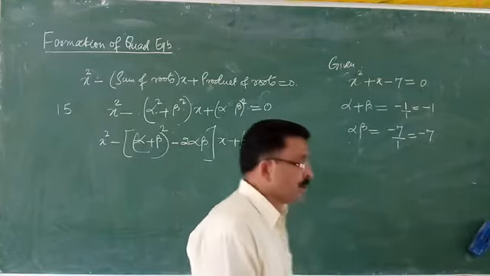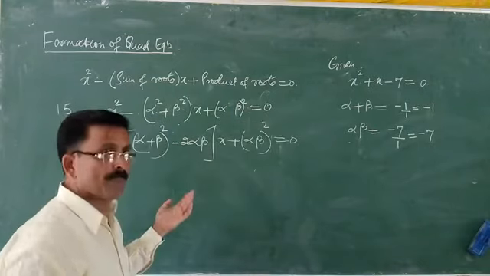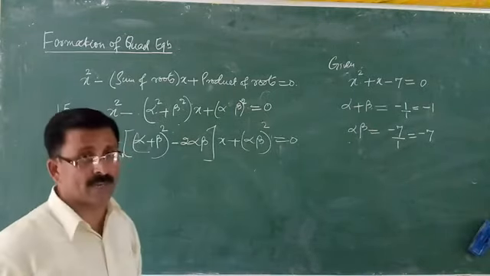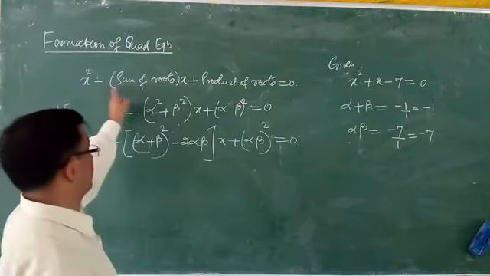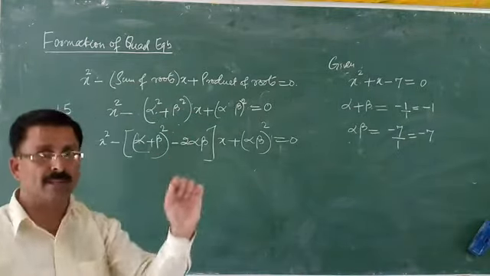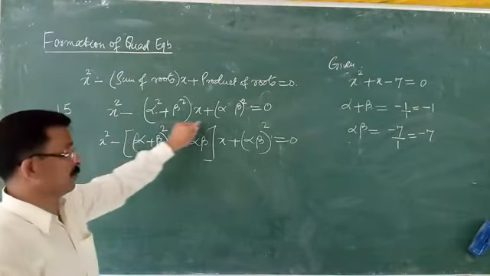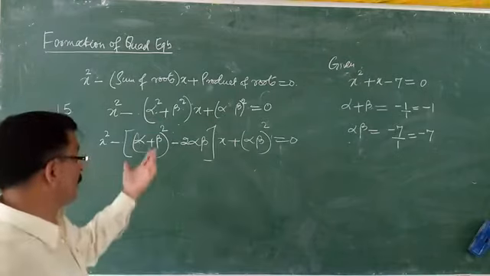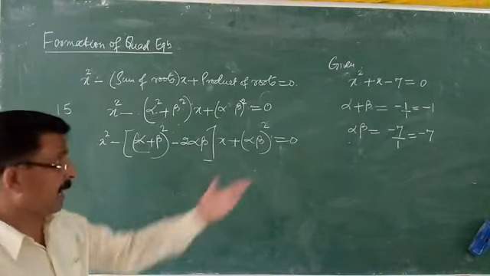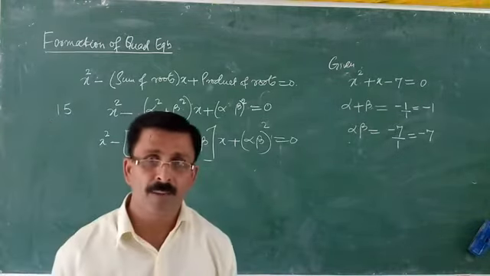So now we are going to the question. The question says that you have to frame a quadratic equation whose roots are alpha square and beta square. So from the given formula we write the equation, and when it came into this form, we realized that we don't have the value of alpha square plus beta square. I have the value of only alpha plus beta.